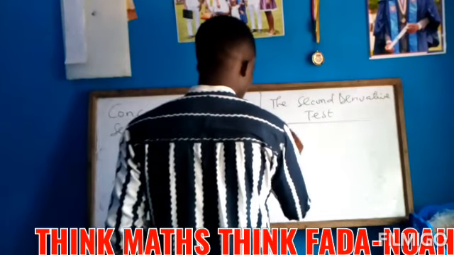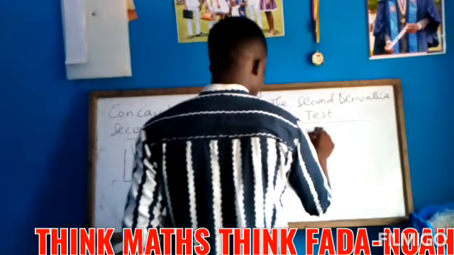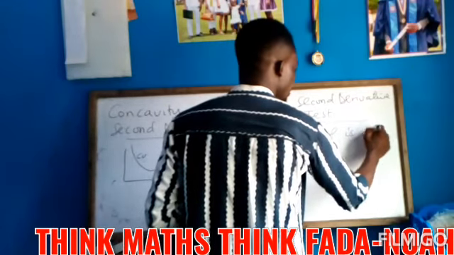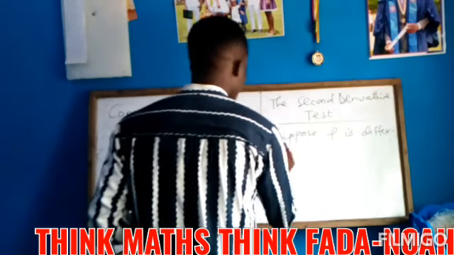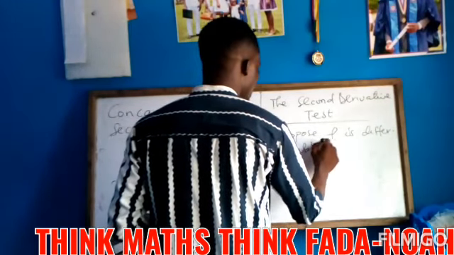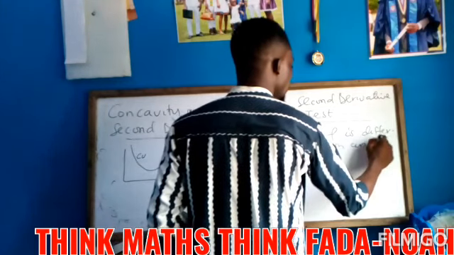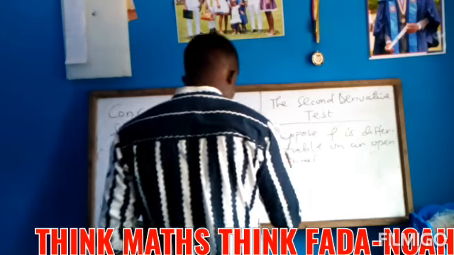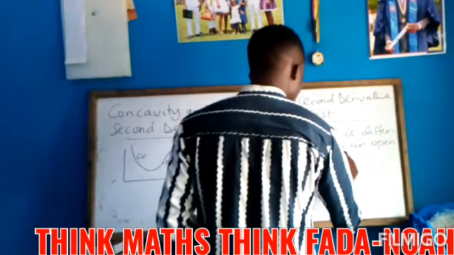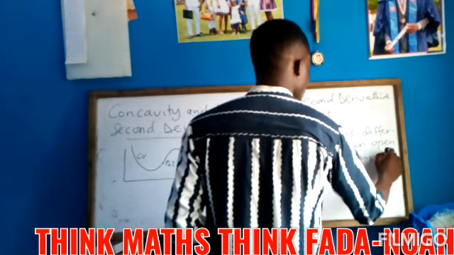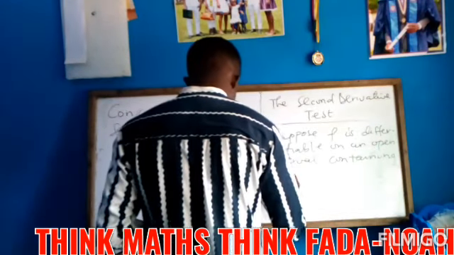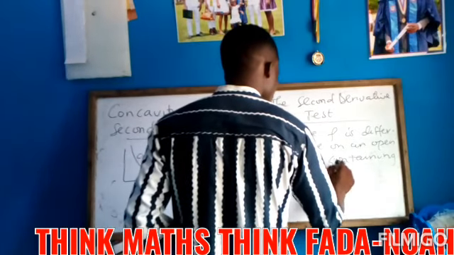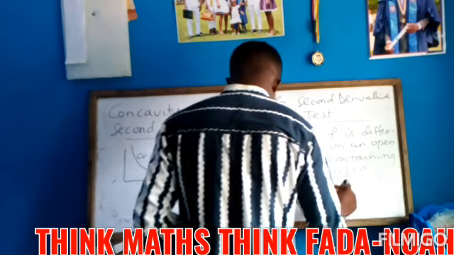So again, we have to write something. We suppose f is differentiable on an open interval containing c and f prime of c is equal to 0.